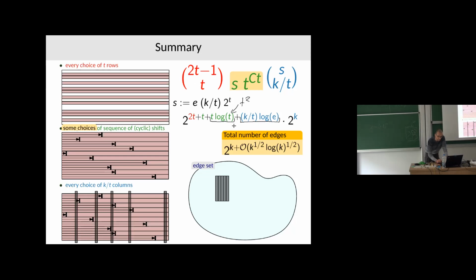So these two have to balance out, and that's exactly why we choose t to be square root of k over log or times log, something like this, right? Okay, so the number of edges becomes like this. We reduce it from 2 to the third to this one.